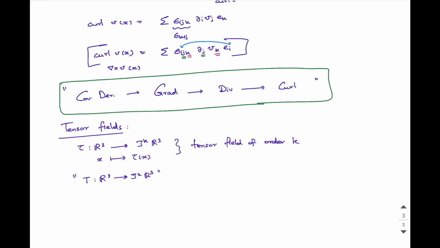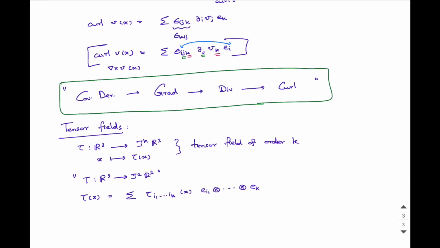So how would you first of all represent tau? At any point x, tau of x is nothing but tau i1 all the way up to ik of x, e i1 tensor product all the way up to ek. This is the general expression in terms of the standard basis ei of R3.